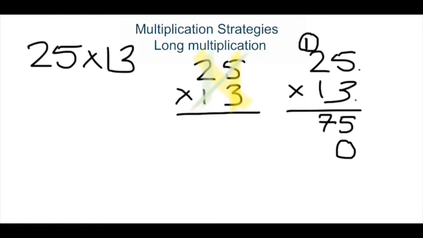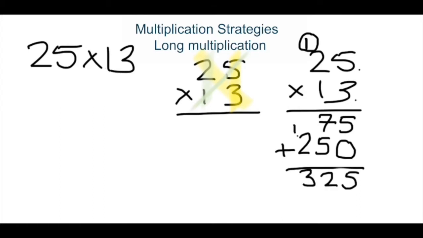So we do 5 times 1, which gives us 5, and we do 2 times 1, which gives us 2. And then we add these together. 5 plus 0 is 5, 7 plus 5 gives us 12, but we carry the 1, and 1 plus 2 gives us 3. So our answer will be 325.